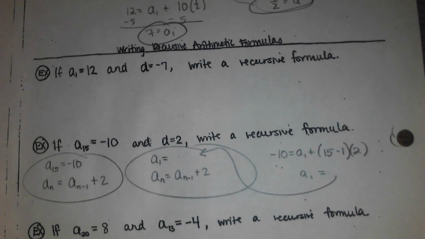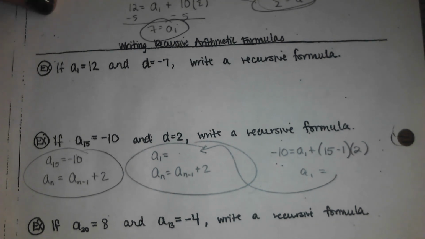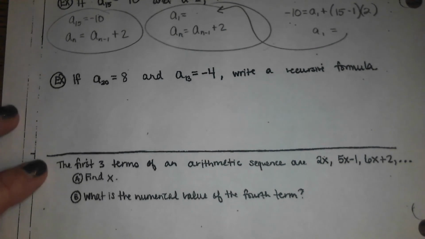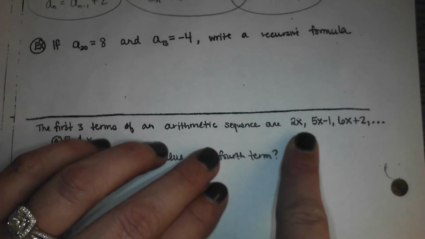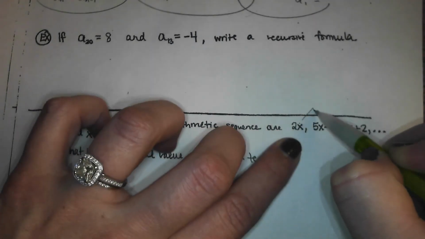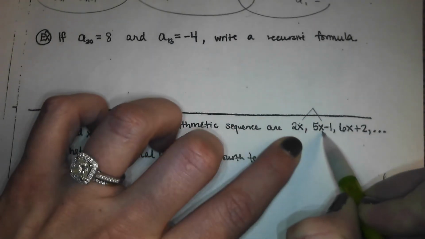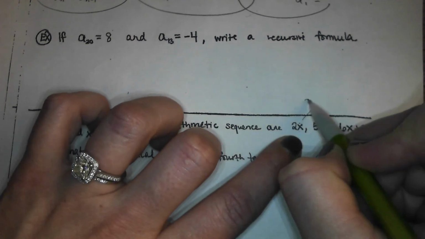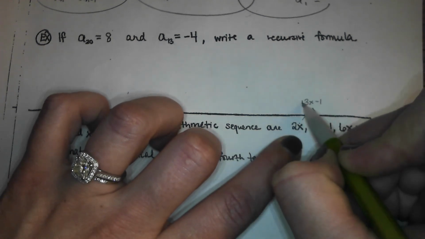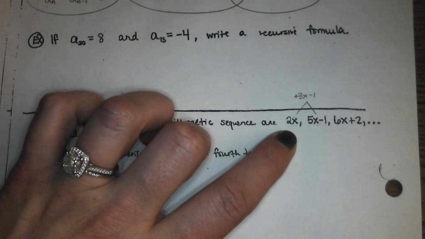Good? Okay? Last one on the bottom, because it's a little bit tricky. They're telling us that this is an arithmetic sequence, right? So what am I adding to get from here to here? 3x minus 1. You're adding the 3x and subtracting 1.